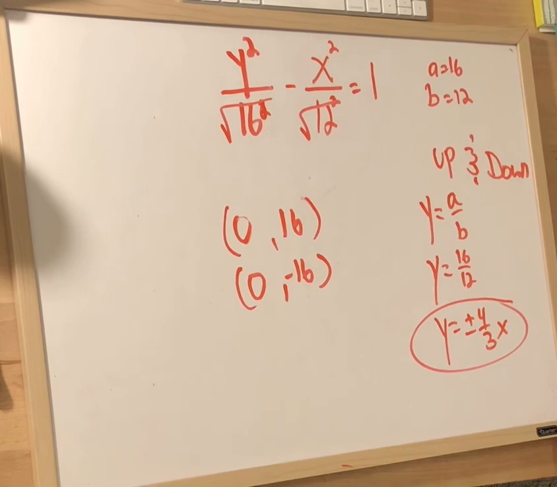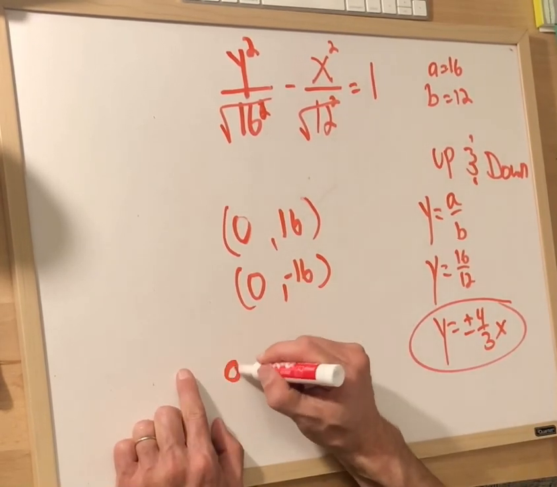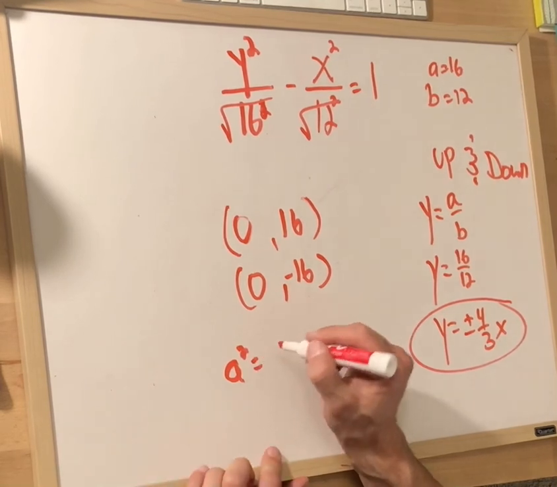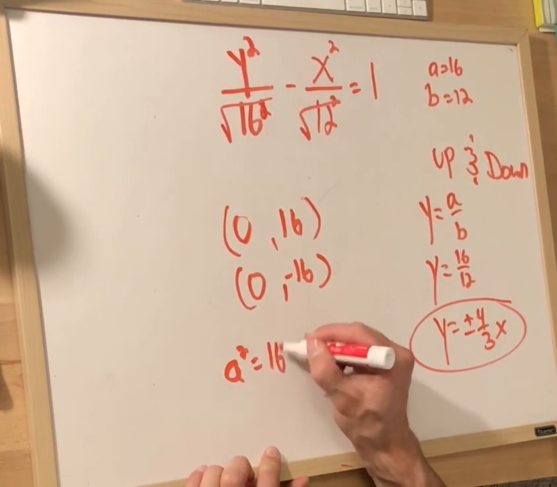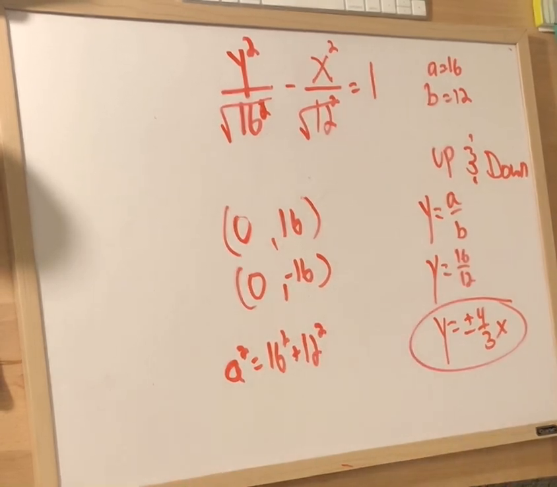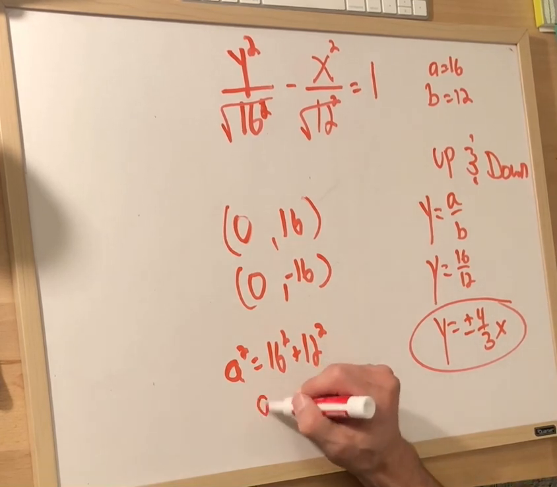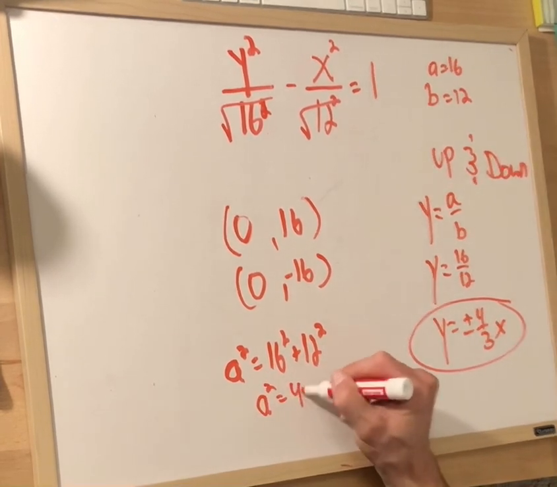Okay, and then the very last thing is your foci, which is the weirder one. So you're going to have c squared equals 16 squared plus 12 squared. I'm going to get my calculator out so I don't have to do this on paper. 16 squared plus 12 squared, and I get 400. So c squared equals 400.